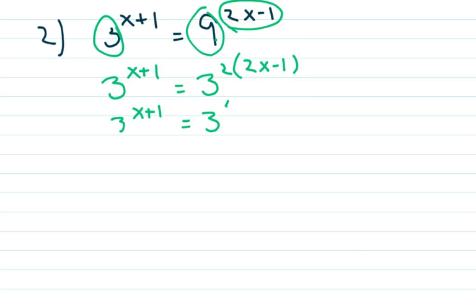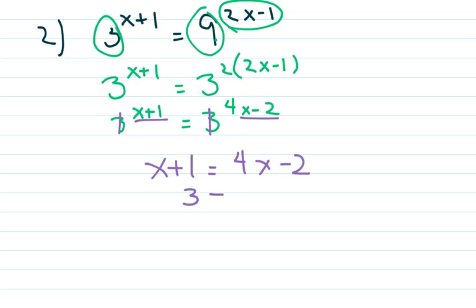I'm going to distribute to the 4x minus 2. Since my bases are the same, I really don't need those anymore. And I'm just going to set these two expressions equal to each other. I have x plus 1 equals 4x minus 2. I'm going to subtract x from both sides and add 2 to both sides. So I get 3 equals 3x.